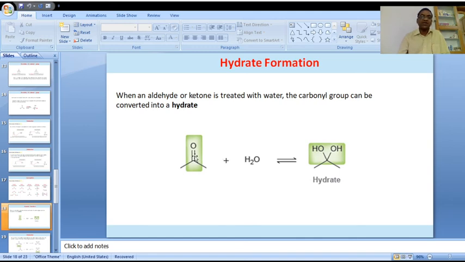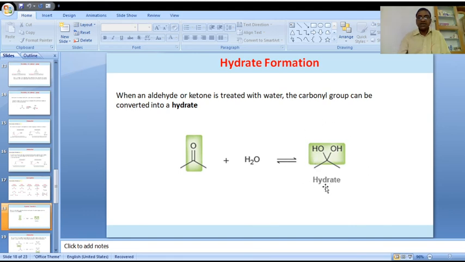Here, on breakage of the pi bond, oxygen gets negative. The H plus ion shifts to O minus, converted to OH. This OH, a strong nucleophile, attacks the carbonyl carbon to form the hydrate compound.